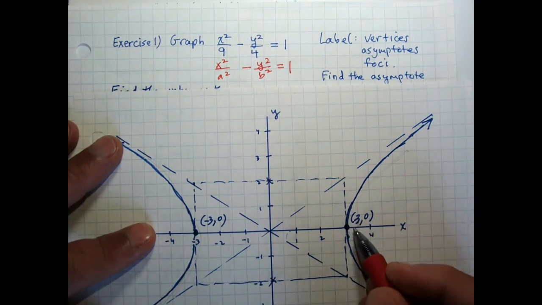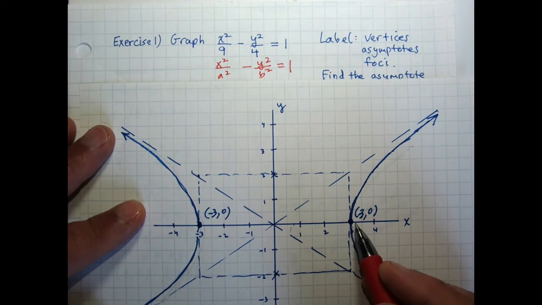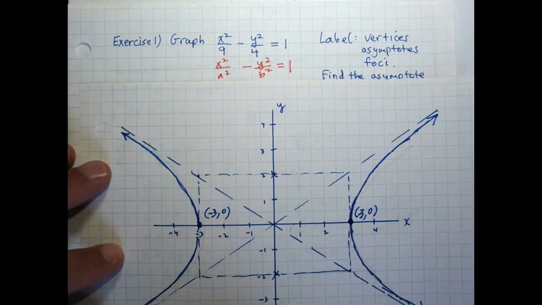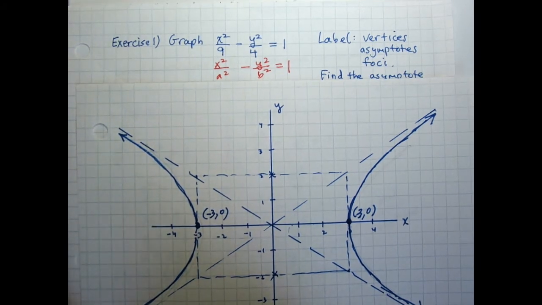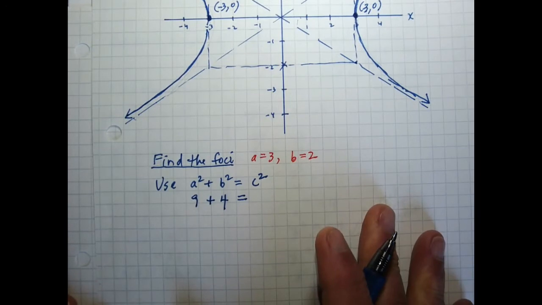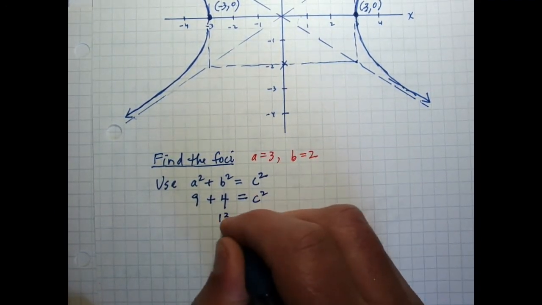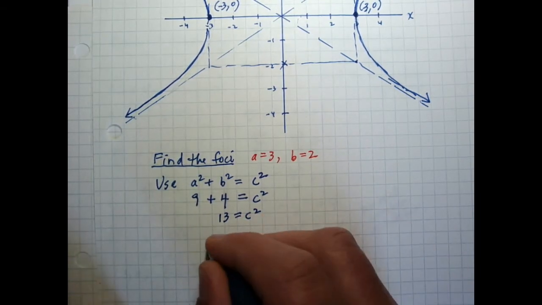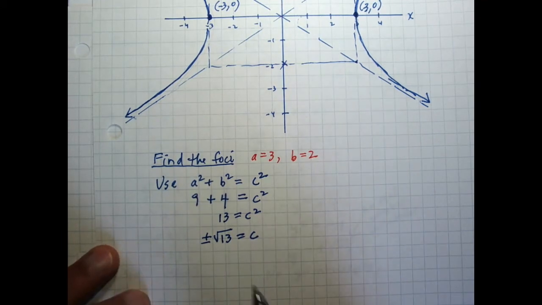Again, they match up exactly with the x-coordinate and y-coordinate of the vertices and the co-vertices. So a squared is 9 plus b squared is 4. That adds up to c squared. So 13 is c squared. Plus or minus the square root of 13 is c.